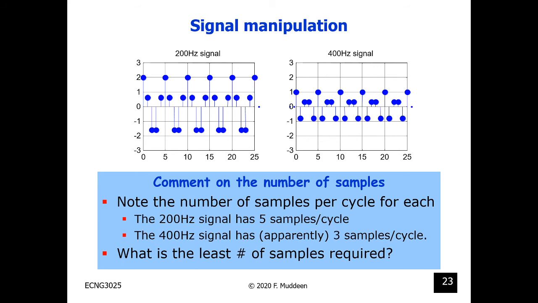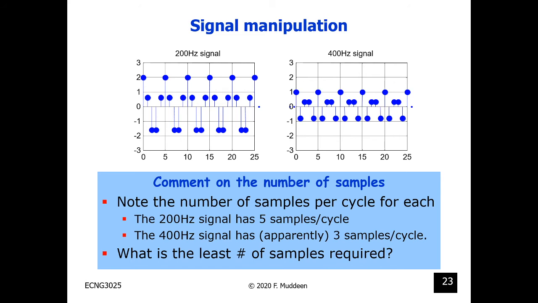So, as discussed a little bit earlier, the 200 Hz signal has 5 samples for every cycle of 1000 Hz, but the 400 Hz signal has 3 samples for every cycle. In asking what would be the least number of samples required, this depends on how certain we are of the signal's behavior.